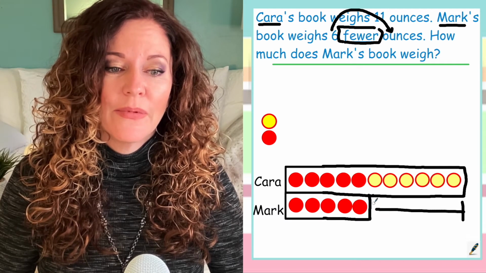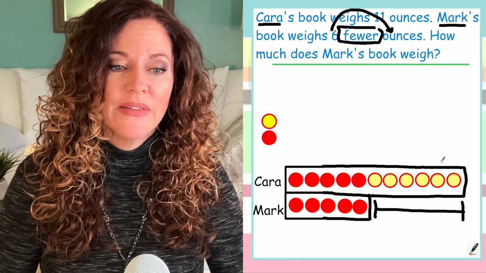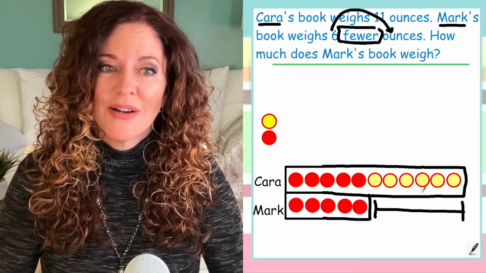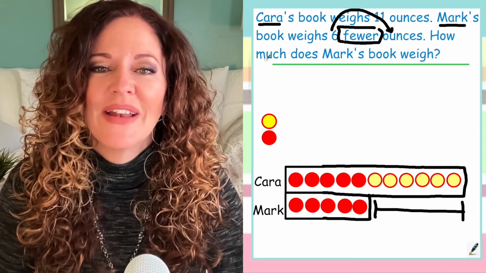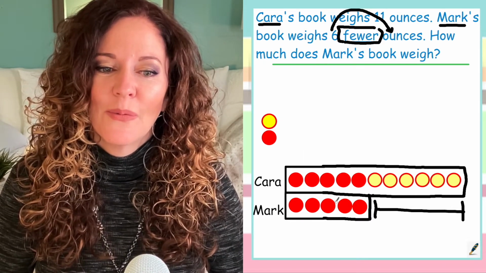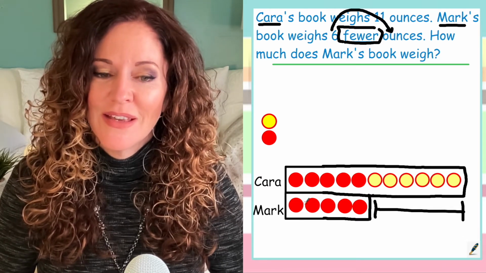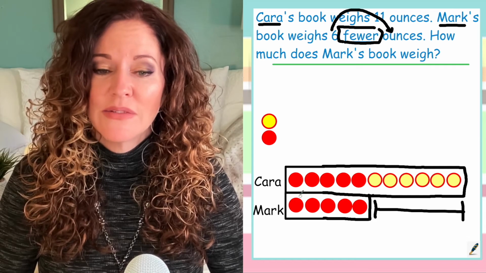So we've got right here in this extra space. This helps me to see what Kara has that Mark doesn't have. Now I'm ready to answer my big question. How much does Mark's book weigh? 1, 2, 3, 4, 5 ounces. So Mark's book weighs 5 ounces.